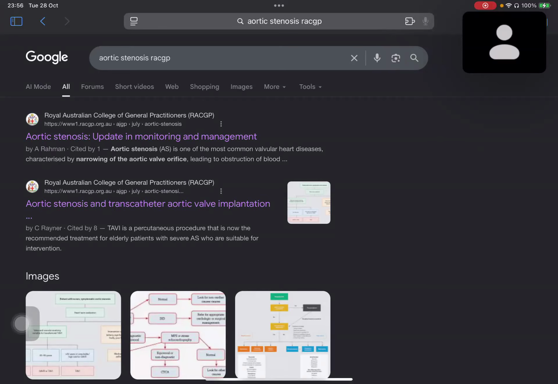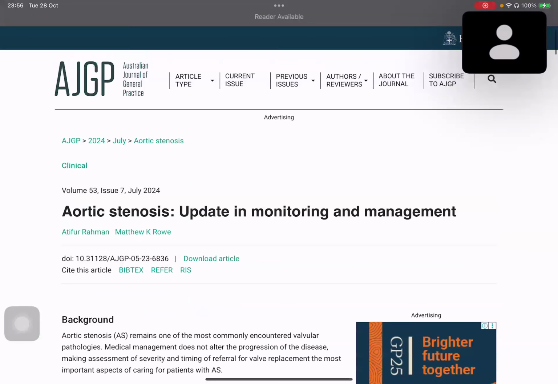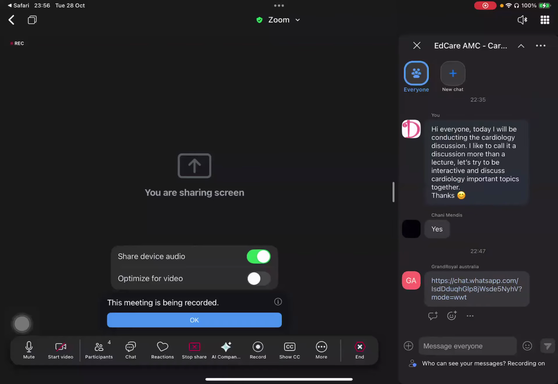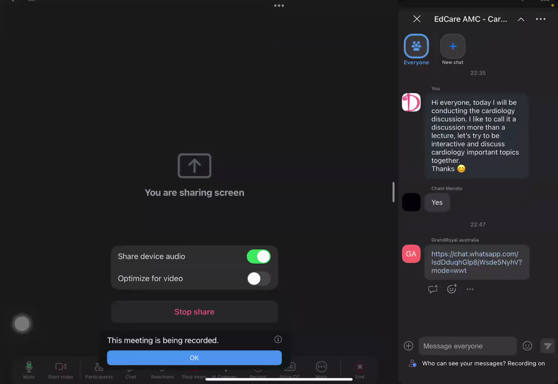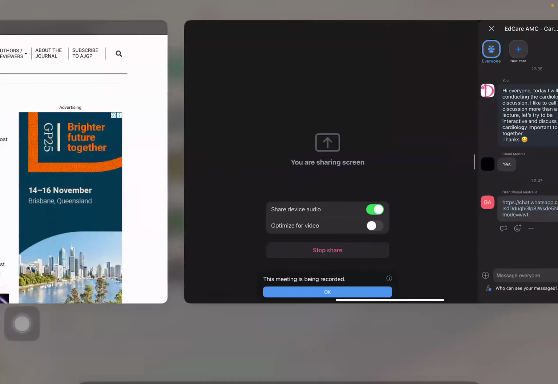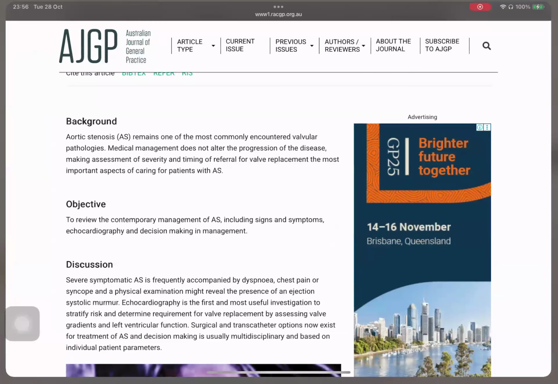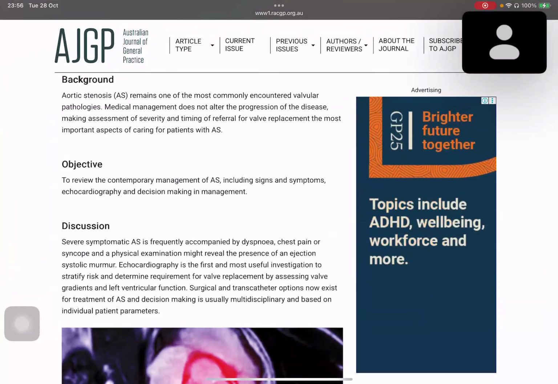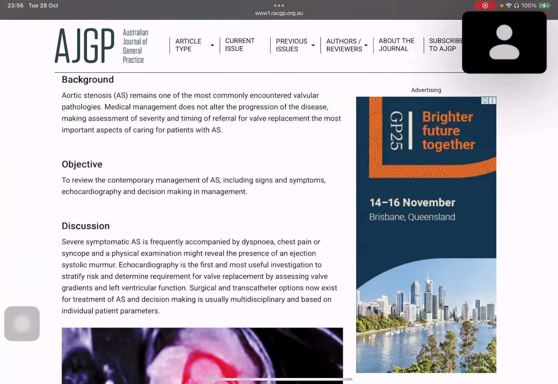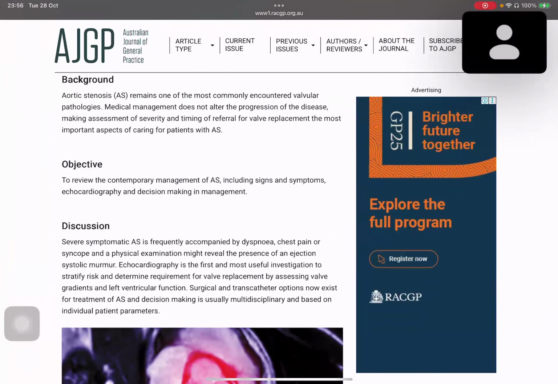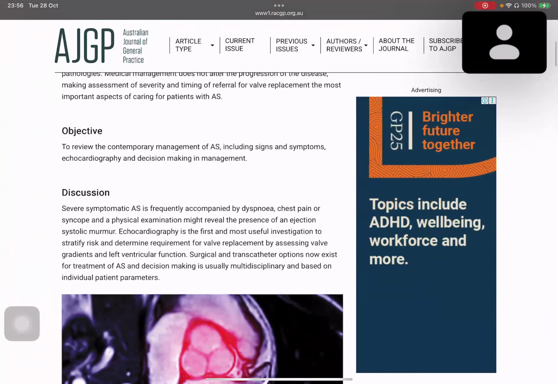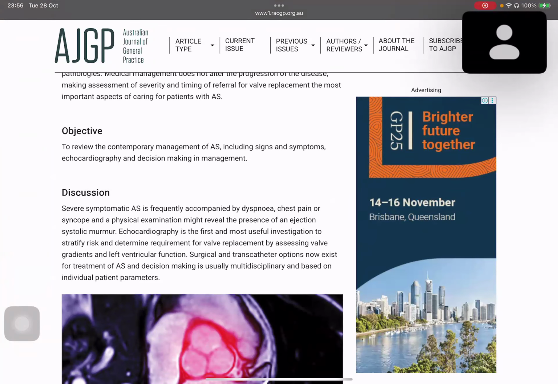I hope you all can see my screen. If it's not clear, just drop a message saying you can't see the screen. So with RACGP guidelines, one thing I really try to rely on when it comes to resources, not for everything, but for websites that end with .au.